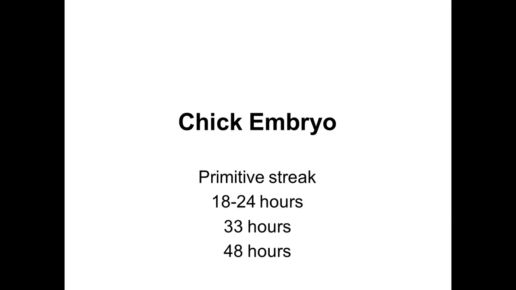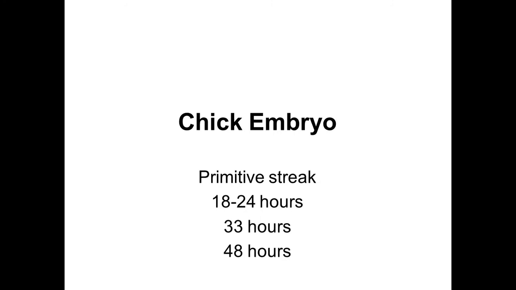So the cleavage pattern is said to be meroblastic, and the embryoblast is displaced towards one side of the yolk, appearing as a surface disc. We can say that the chicken embryo cleavage pattern is discoidal and incomplete.